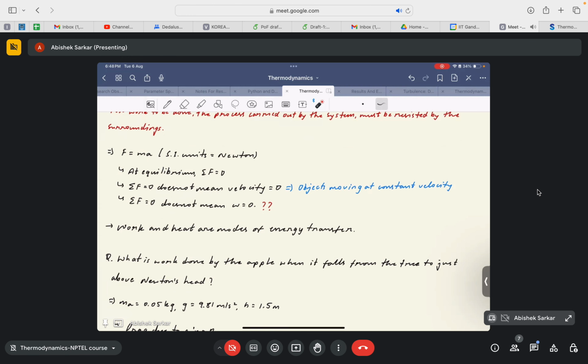This part I was a bit unclear myself, but what Professor Anand meant to say is that it may happen that summation of all forces equal to 0 may mean that work interaction is equal to 0, but it is not always necessary.